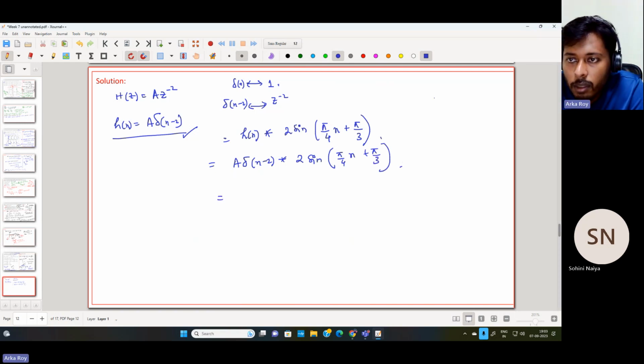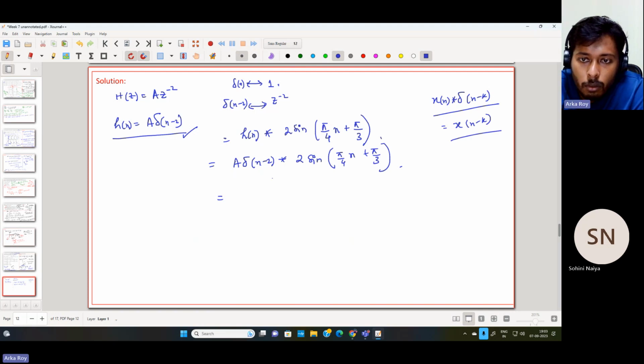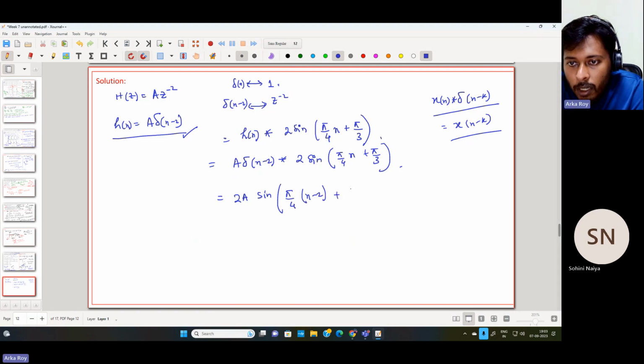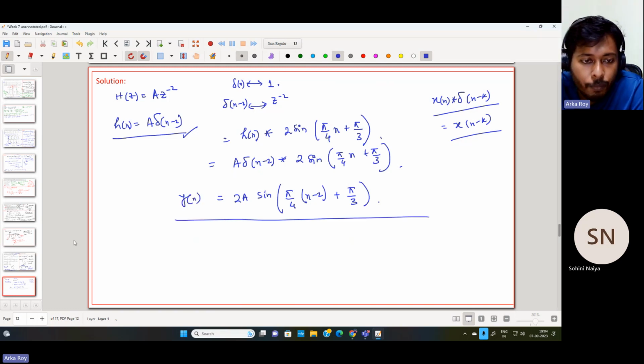We know that if x[n] is convolved with delta[n minus k], the output will be x[n minus k]. By that relation, I will get 2A sine(pi by 4 times (n minus 2) plus pi upon 3). So this is what y[n] looks like.